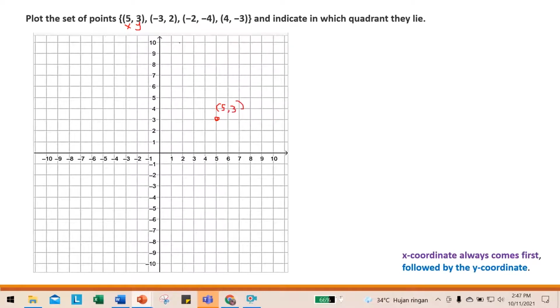Next, (-3, 2). (-2, -4). (4, -3). (5, 3) is in quadrant 1. (-3, 2) is in quadrant 2. (-2, -4) is in quadrant 3. (4, -3) is in quadrant 4.